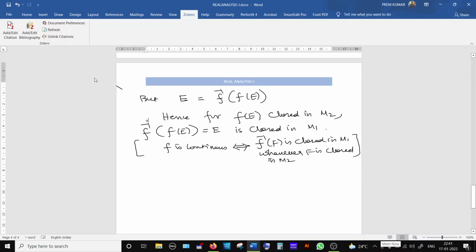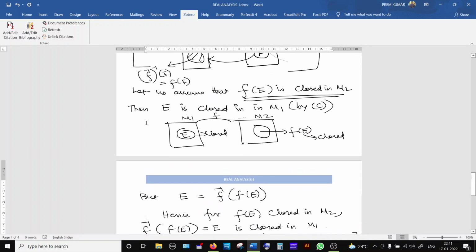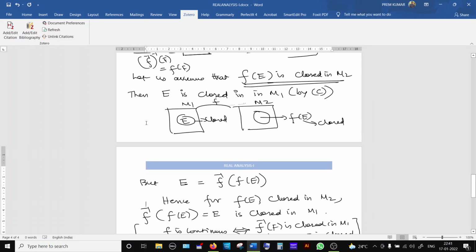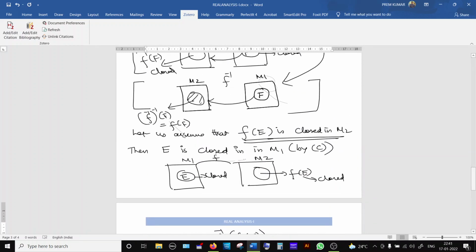What we proved here is for the function f inverse; in place of f, we use the function f inverse.